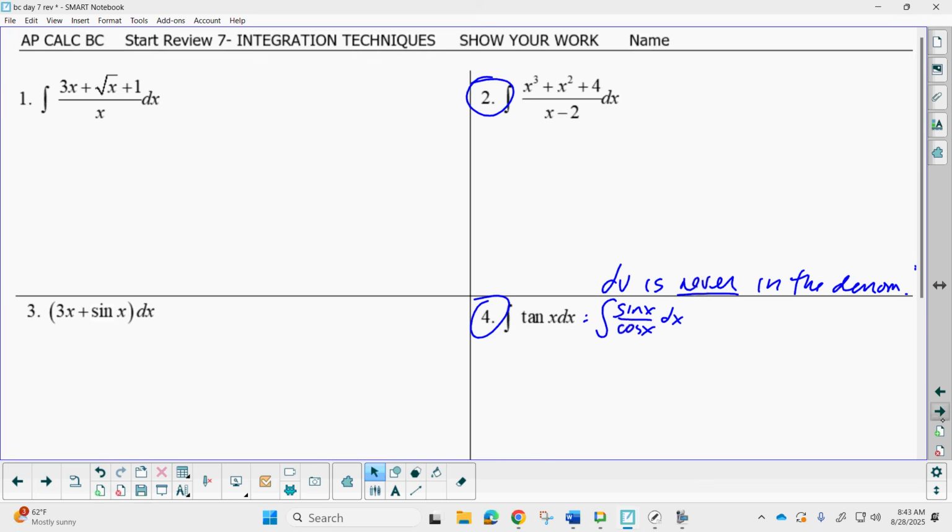If you let u equal sine, wouldn't your du then be in the denominator? Du is never in the denominator, ever.